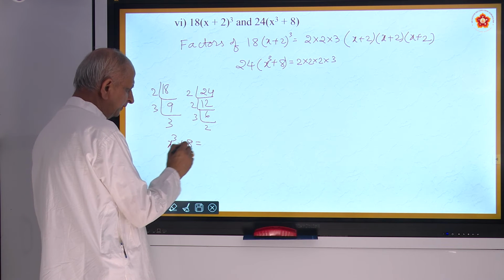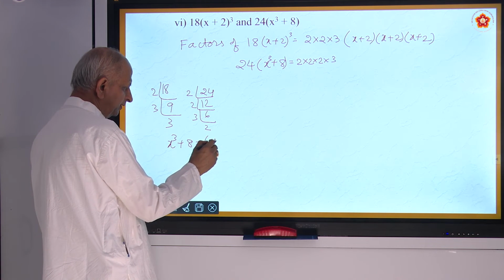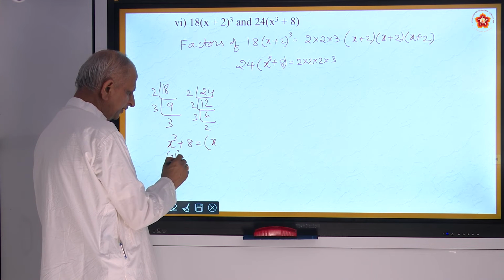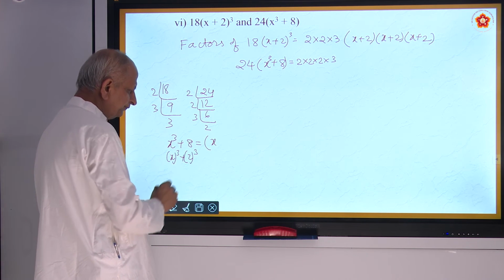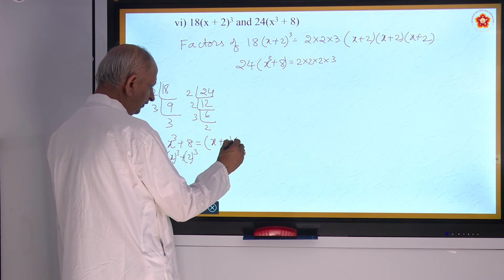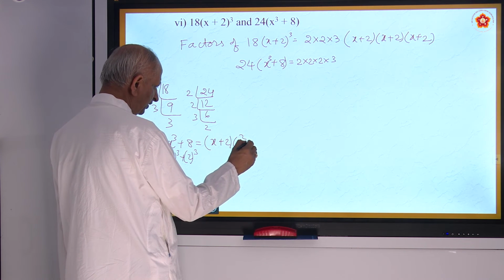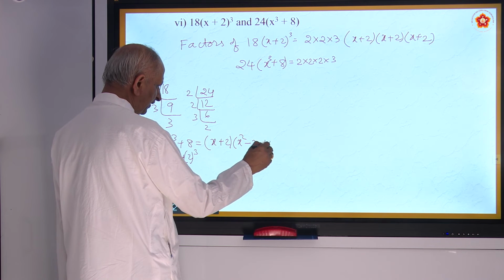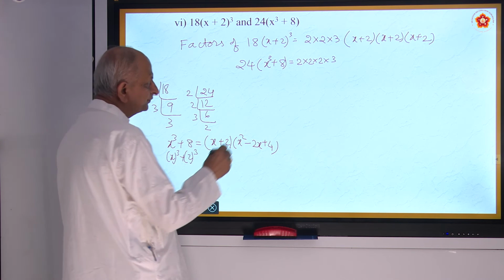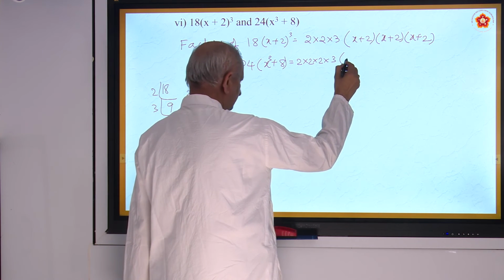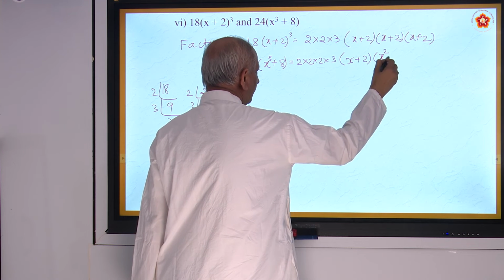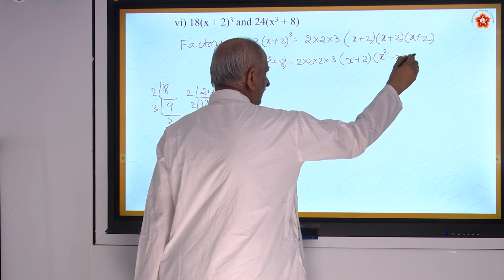So x cube plus 8 means a cube plus b cube, that is x cube plus 2 cube, that is a plus b into a square minus ab plus b square. Like that you must write. So here you write x plus 2 into x squared minus 2x plus 4.